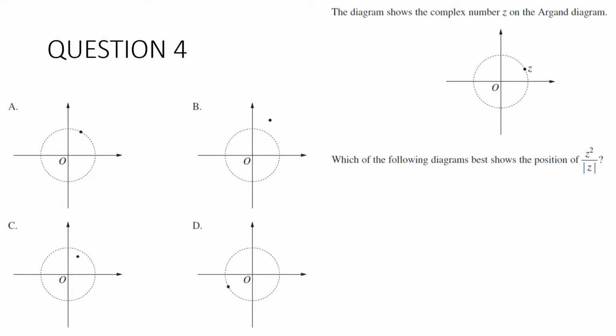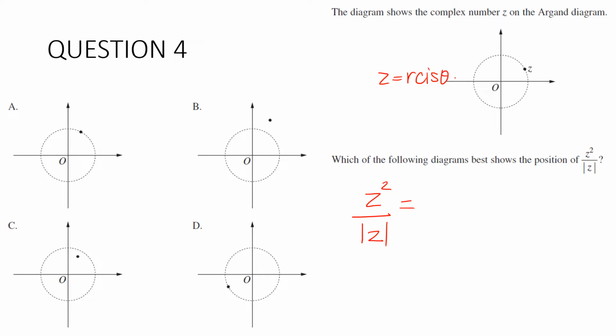Question 4. The diagram shows the complex number z on the Argand diagram. Which of the following diagrams best shows the position of z squared divided by the modulus of z? Okay, so if we're going to have z squared, let's just say that z is equal to r cis theta.